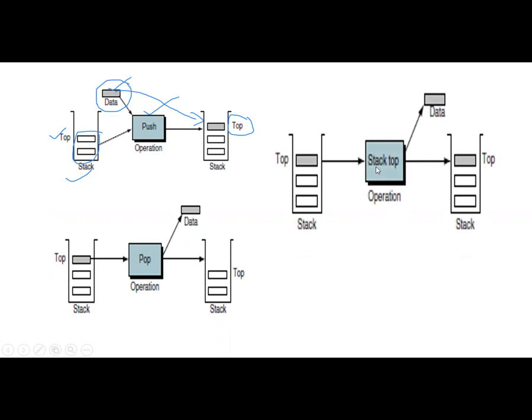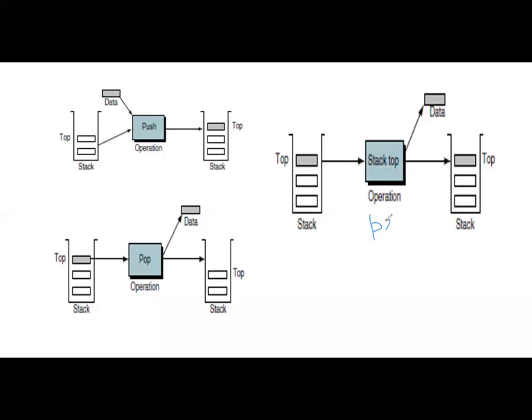Okay. Now what does this operation do? Is it similar to push or pop? This operation is similar to pop: the stack top. What does this stack top do? It is called stack top, or it is also called the peek operation.